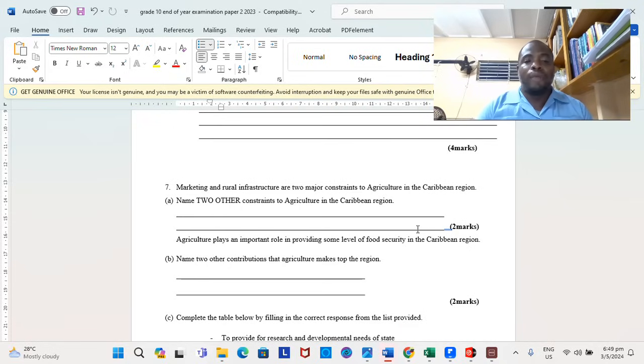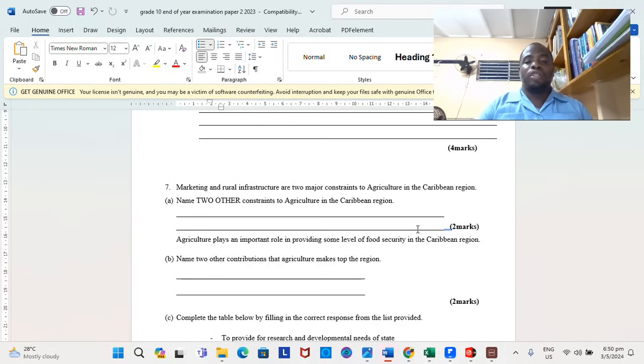So it's a problem in agriculture where the marketing of the produce, the persons to purchase the crop at the end, even though it's good to do a market research before entering into any venture.